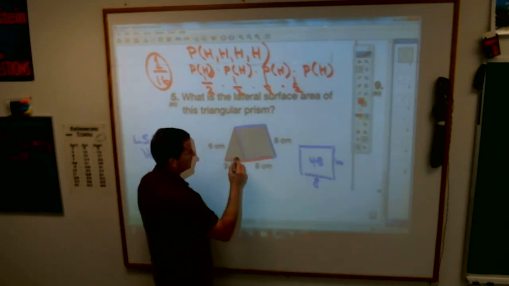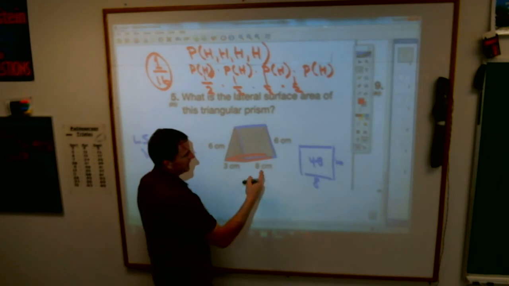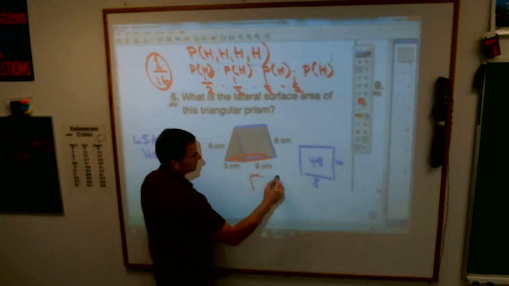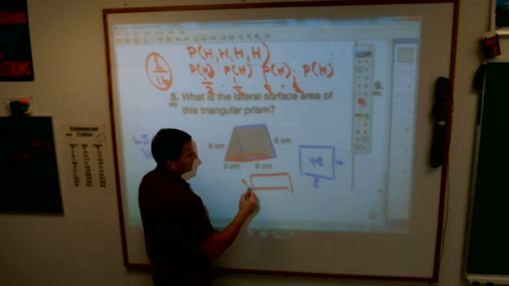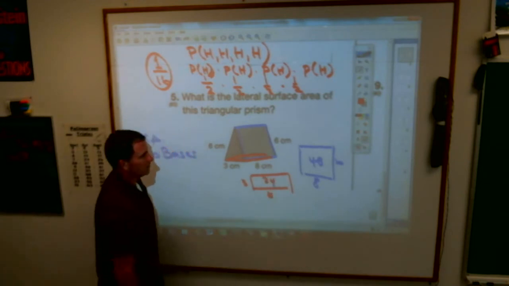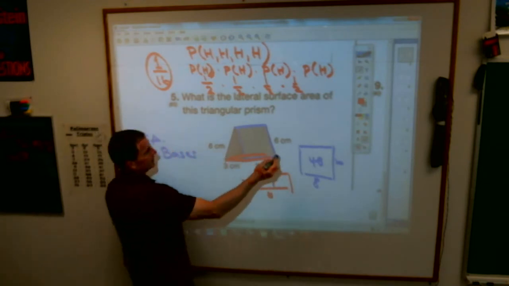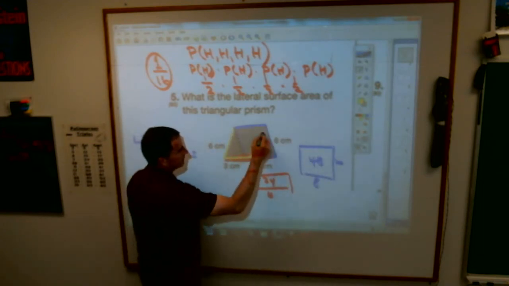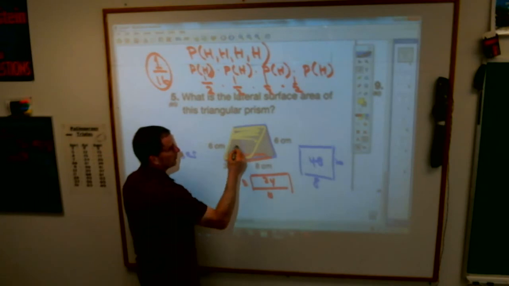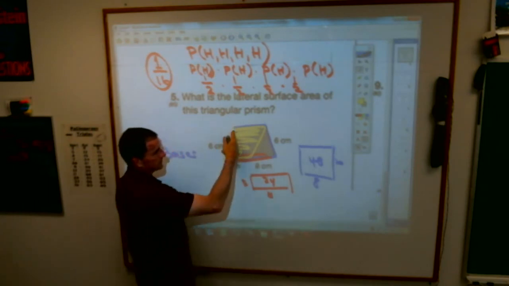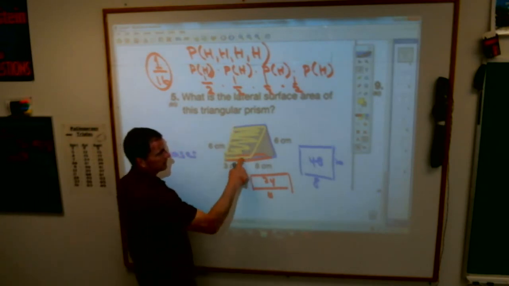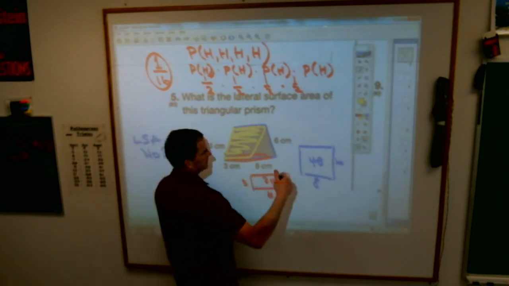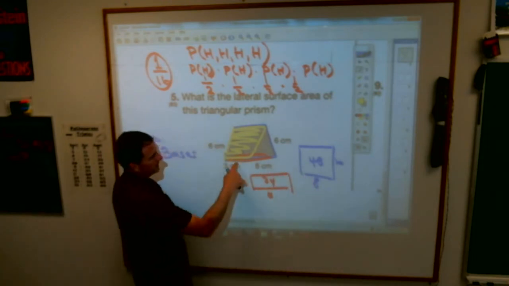What are its dimensions? 3 by 8. Here's my bottom one. 3 by 8. That is 24. And then I've got the one over here that you really can't see at all, but it looks like this. It's right here on the back side. What are its dimensions? 6 by, what's that? 6 by 3. 8 is the bottom now.